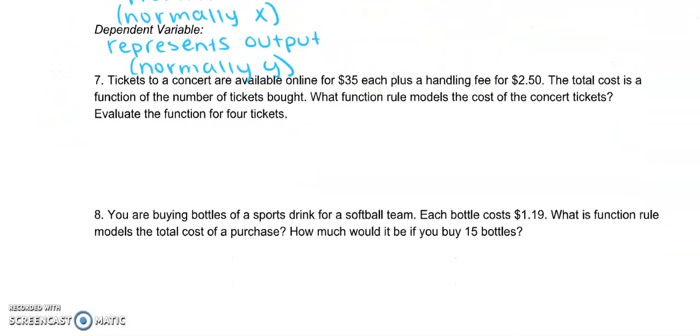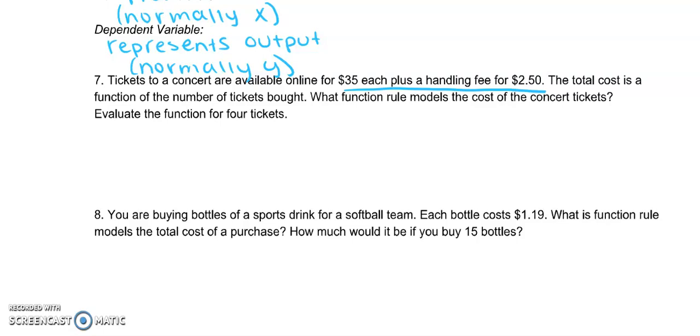So let's put a little bit of this into application. Tickets to a concert are available online for $35 each, plus a handling fee of $250. That $250 is a one-time handling fee, like an online cost. The total cost is a function of the number of tickets bought. What that means is different inputs give different outputs. If I buy one ticket, and then I buy 2, the cost is going to go up.